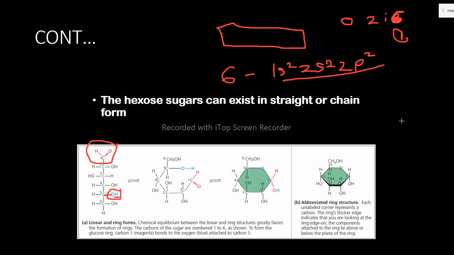Now since it has the 6 outermost electrons, the 2 electrons will form a bond, then you remain with other electrons that are not involved in bonding. So out of the 6, you will use 2 and remain with 4 electrons that are not involved in bonding.